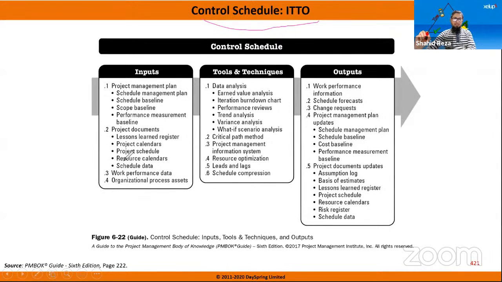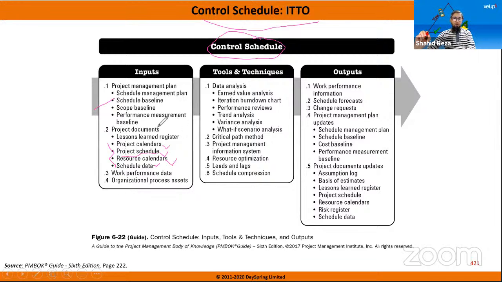The main input is the project schedule. That means the approved project schedule, the schedule baseline, schedule data, resource calendar, project calendars. These are the main inputs because we are going to control our schedule. All right. And schedule baseline. So these are the main inputs for the control schedule process.